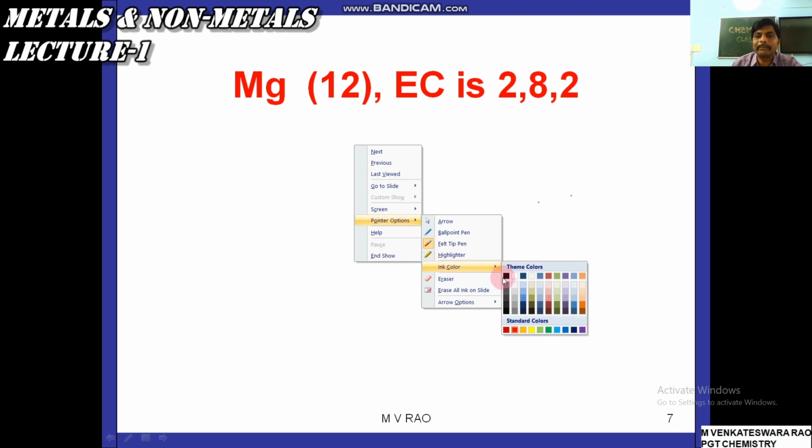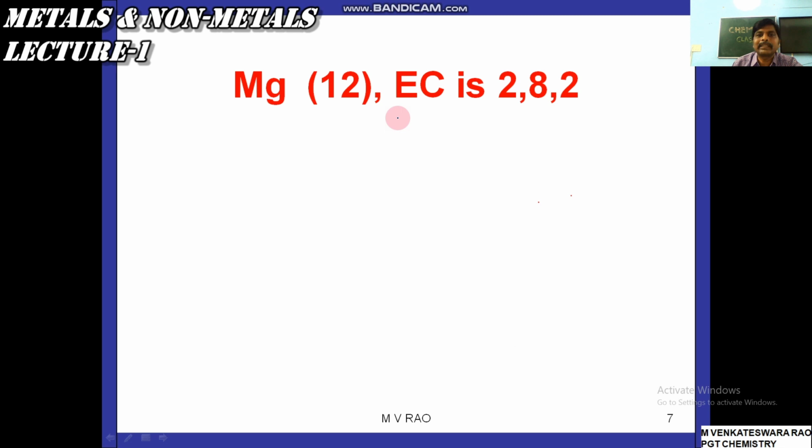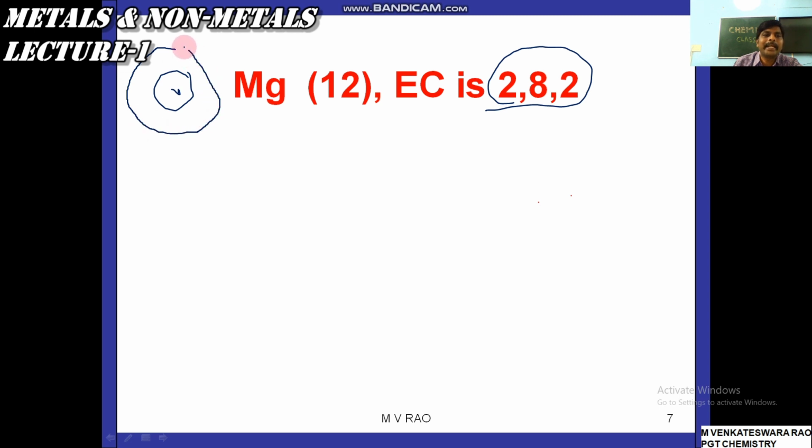The electronic configuration of magnesium is 2, 8, 2. That means the nucleus, K shell 2 electrons, L shell 8 electrons, M shell 2 electrons. So 2, 8 and 2.